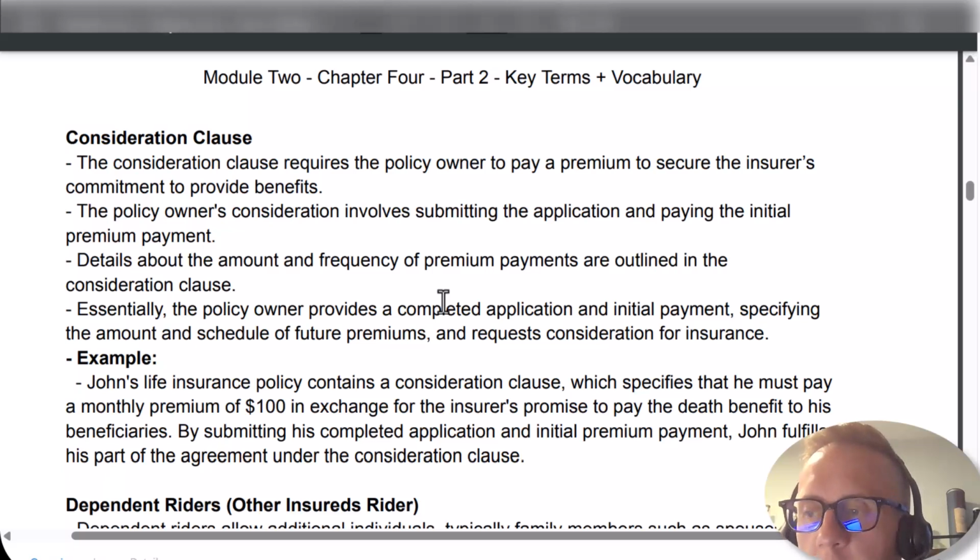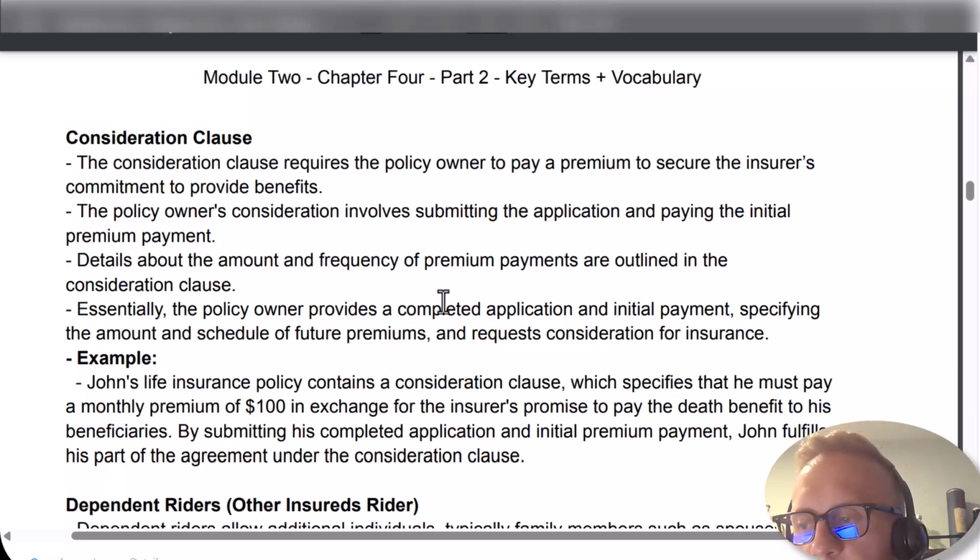Details about the amount and frequency of premium payments are outlined in the consideration clause. Essentially, the policy owner provides a completed application and initial payment specifying the amount and schedule of future premiums and requests consideration for insurance. So he says, hey, consider me for this policy.